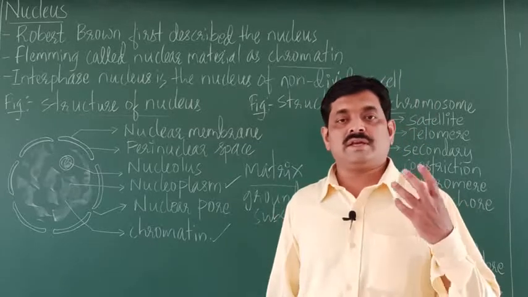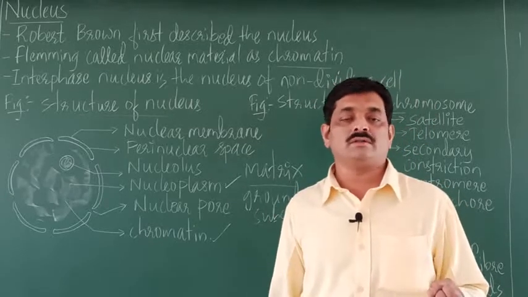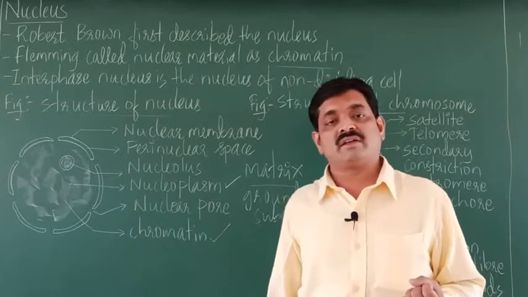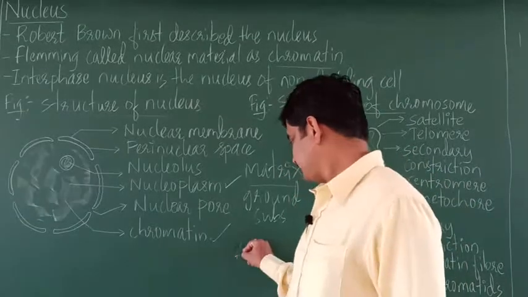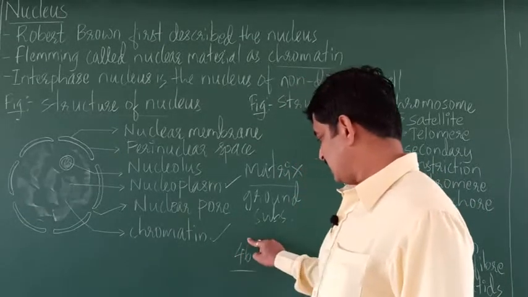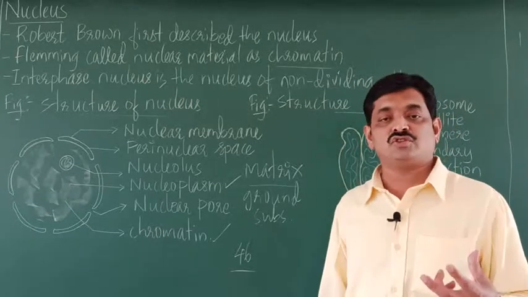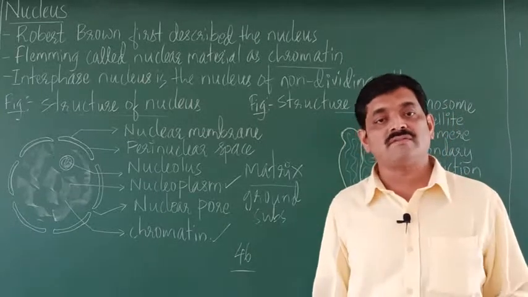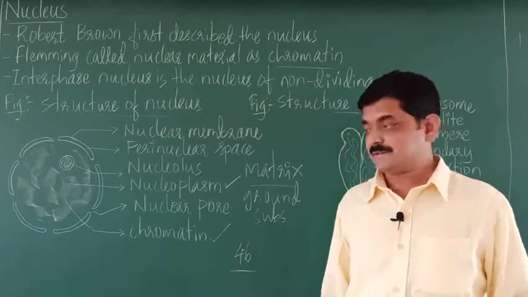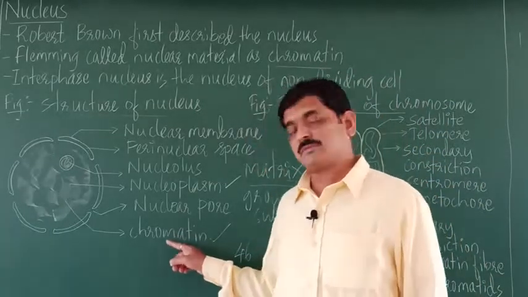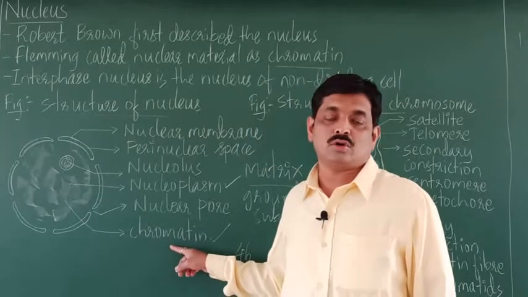If you consider a human diploid cell or a human body cell, how many chromosomes does it have? There are 46 chromosomes in each body cell of man. These chromosomes are made up of chromatin.